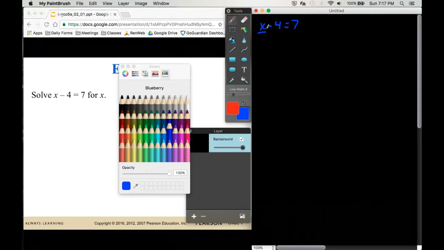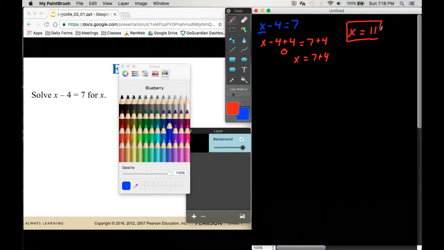So in getting this x by itself, what you're going to add to both sides is a positive 4. Because x minus 4 plus 4, so minus 4 plus 4 is going to equal 0. And you have to add that 4 to both sides, which will end up with x equals 7 plus 4, because these cancel out. So your solution to this problem would be x equals 11.